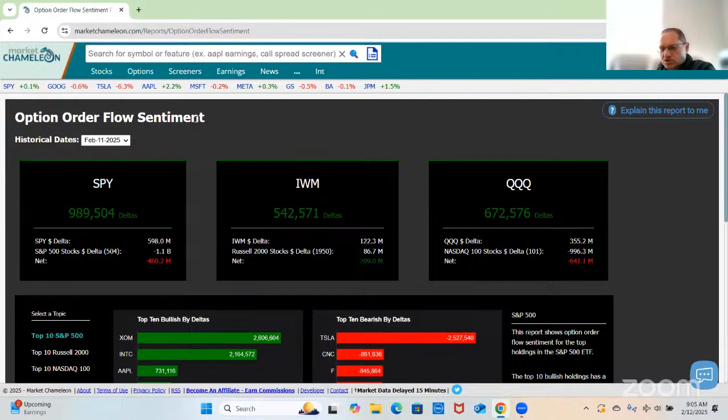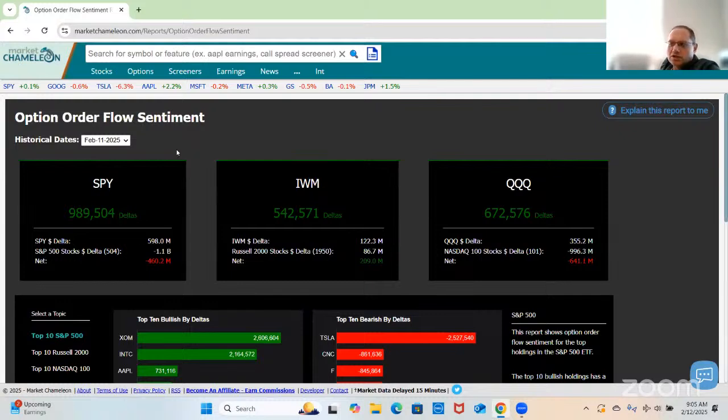And one of those is to look at the option trades and convert them to their Greeks. Okay, so what I mean by that is, we see these deltas, right? These are SPY deltas, 989,000 deltas. But well, what does that mean?